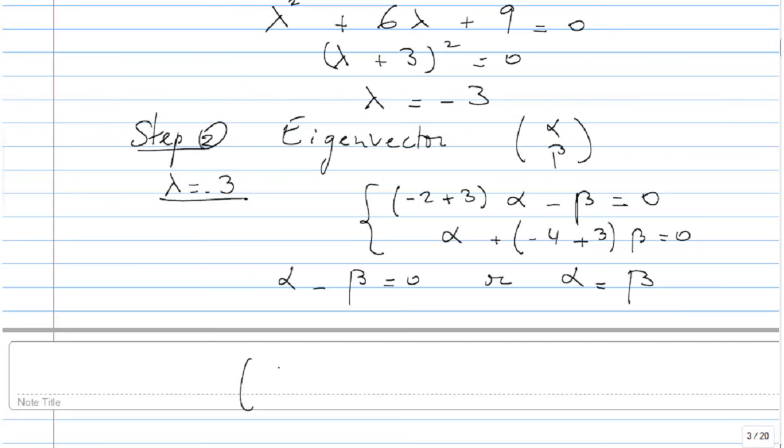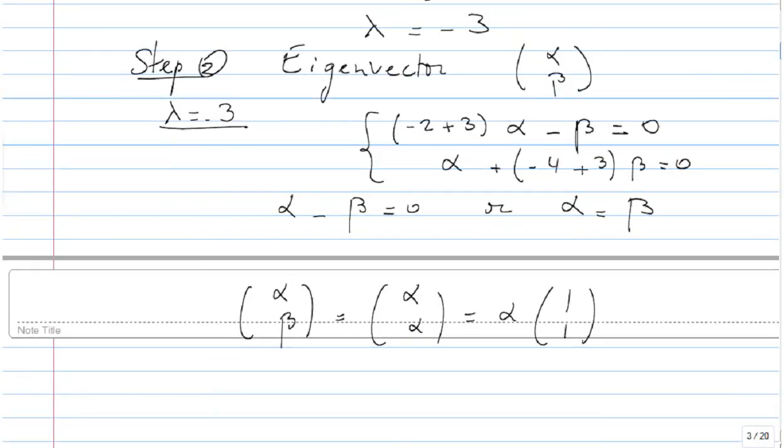So your eigenvector alpha, beta is equal to alpha, alpha, which is alpha times 1, 1. We ignore the constant in front because when we look for the general solution, we're going to multiply by C1 and C2. Step number 3, we need to find Y1 and Y2, the two linearly independent solutions.